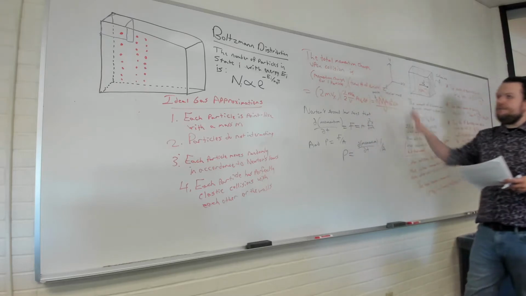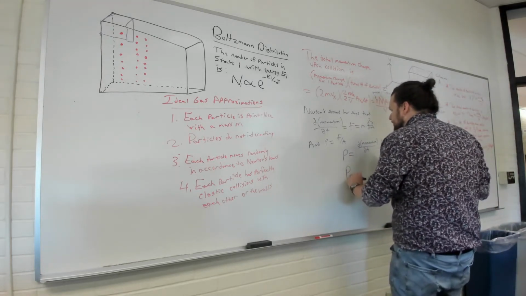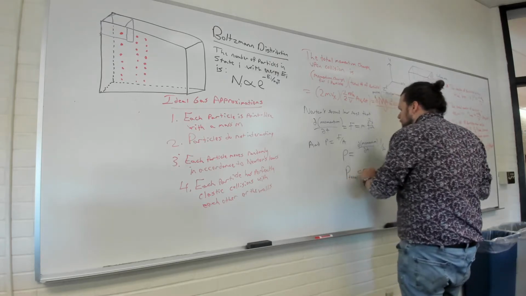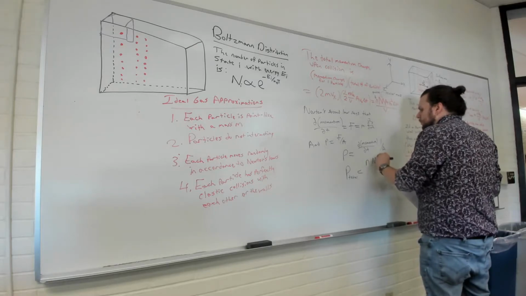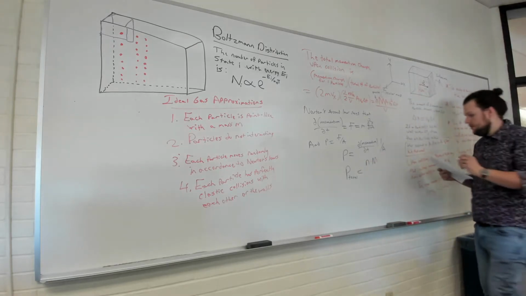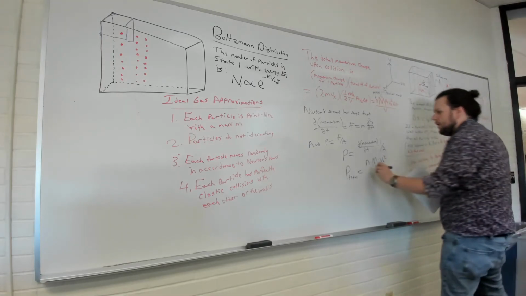So when you put all of this together, what you end up getting is that the total pressure against the wall is the moles times the molar mass of the particle times the velocity squared of the particle all over the volume.